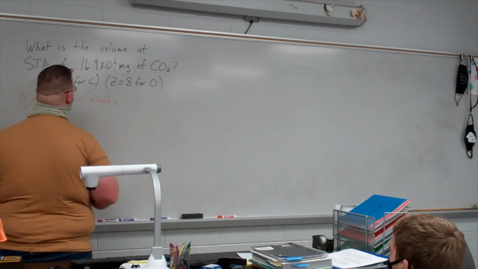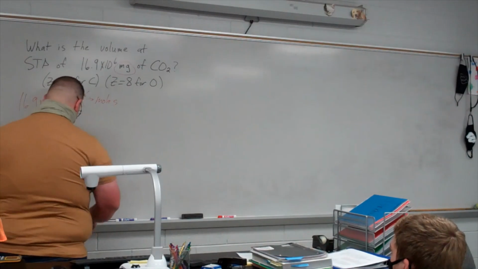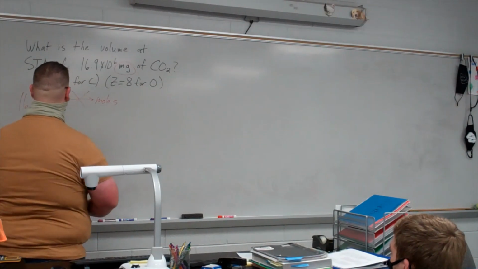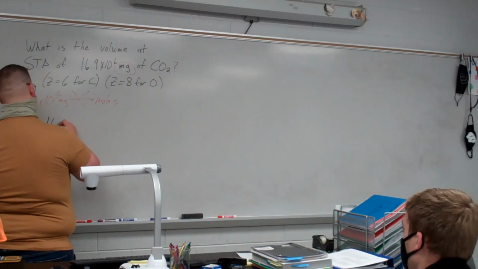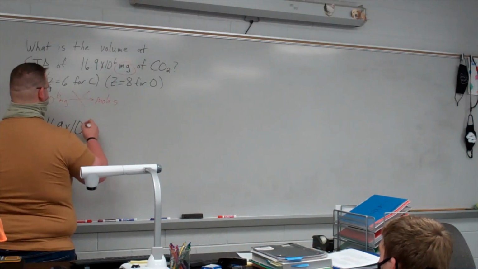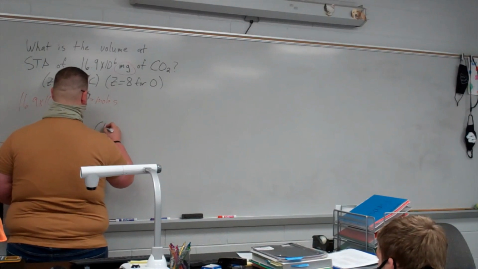That's a no-no. You tried that? That was a mistake. You have to get this converted first. So you've got 16.9 times 10 to something, and we're going to make grams of carbon dioxide.